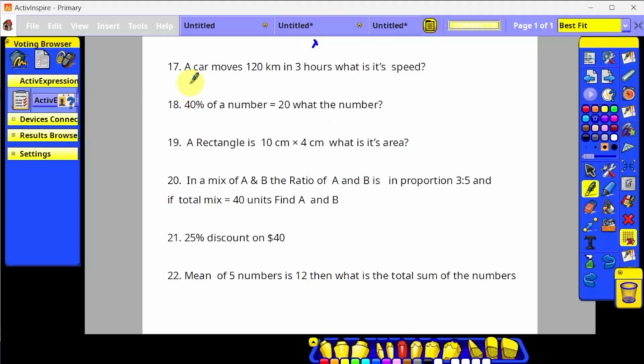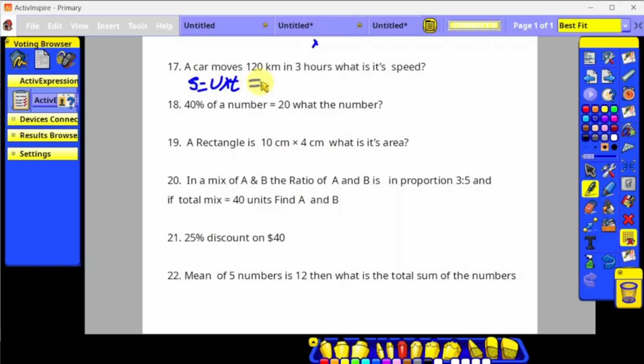This is a continuation of the math placement exercise, part 4. The question says: a car moves 120 km in 3 hours. What is its speed? Distance is given by the formula speed times time, s = v times t.